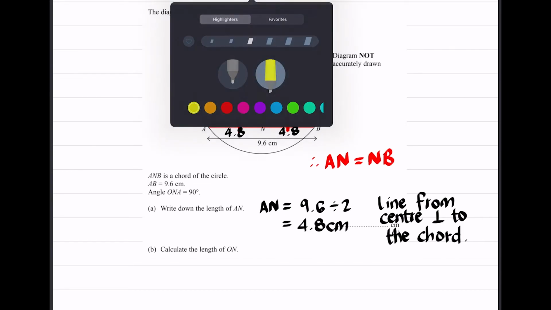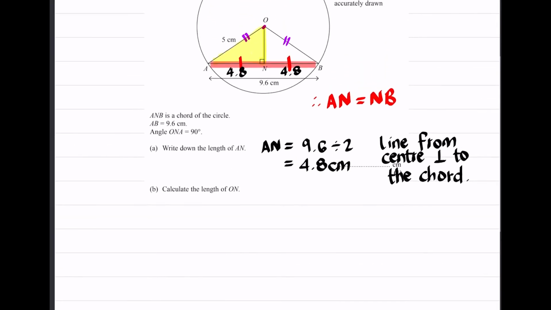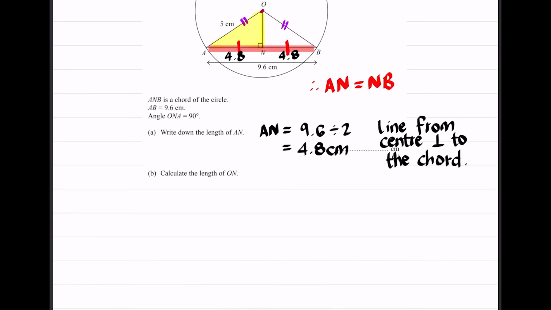In order to calculate ON's length, I am going to work with this right angle triangle because I have OA being 5, and I just determined that AN is 4.8. So I know, therefore, that the hypotenuse, OA squared, is equal to side 1, which is ON squared, plus side 2, which is AN squared.